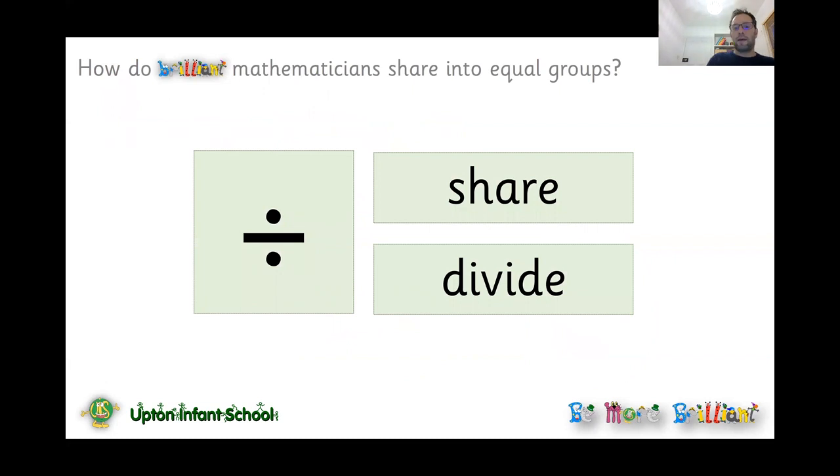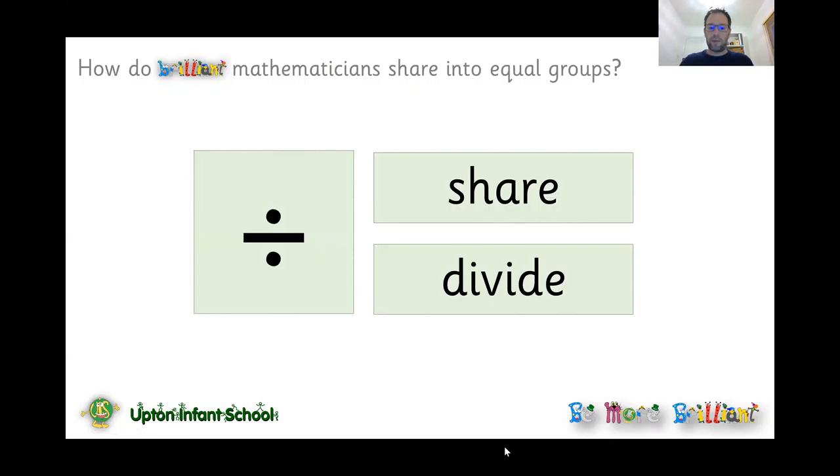We've got a sign there which you may have seen before called our divide sign. Here we go. This is what a divide sign looks like. We've got a line like that, then we've got a dot, and then a dot there. So I can make my divide sign by going line, dot, dot.